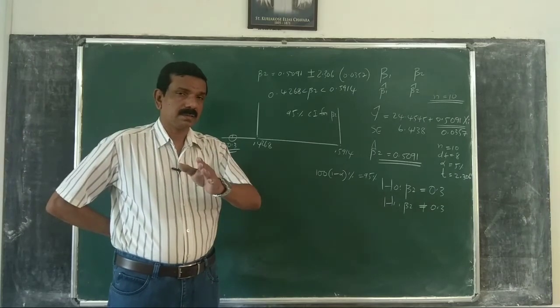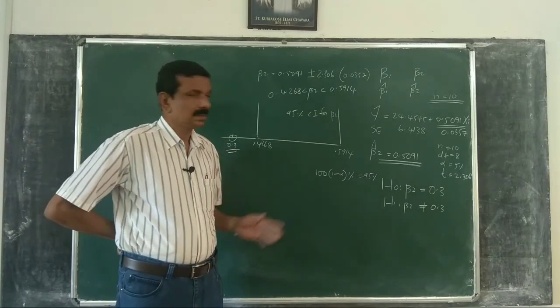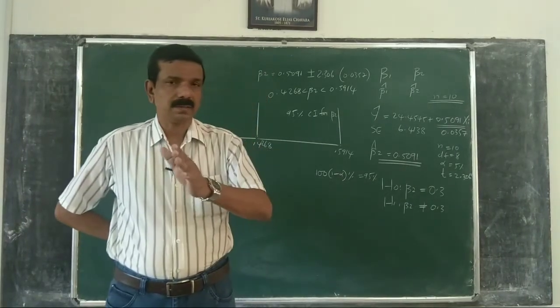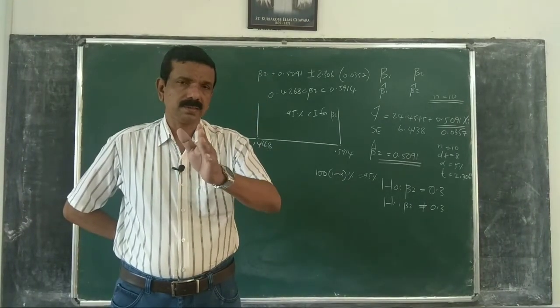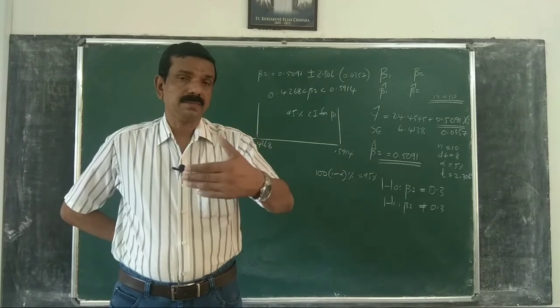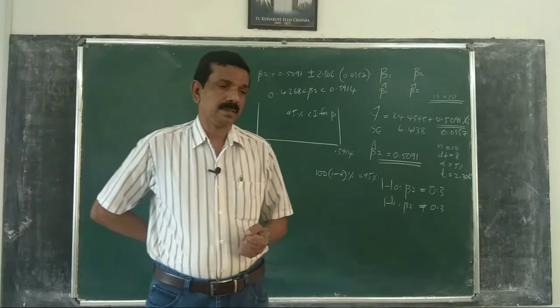So rejecting H0 when H0 is true is a type 1 error, and alpha is the probability of committing a type 1 error.